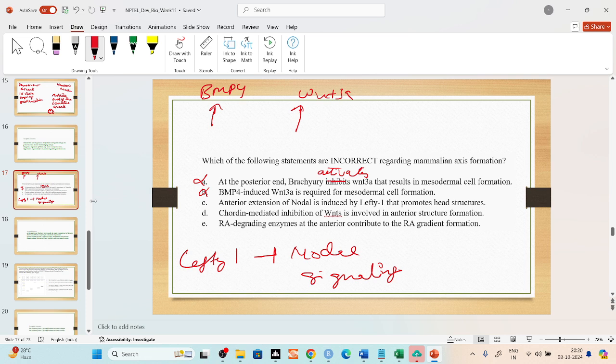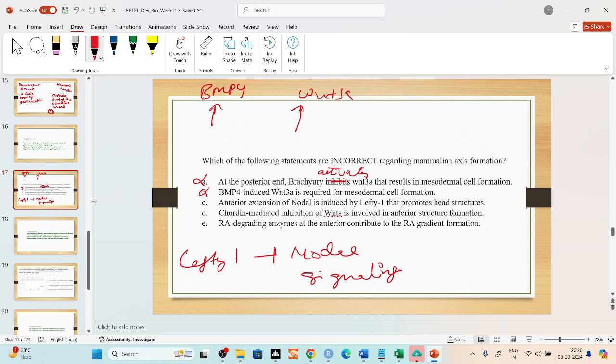So yeah, this statement. Lefty one actually inhibits your nodal signaling, and it does so in two ways. It can directly bind to nodal, or it can bind to some of the co-receptors of nodal, and therefore it can inhibit.